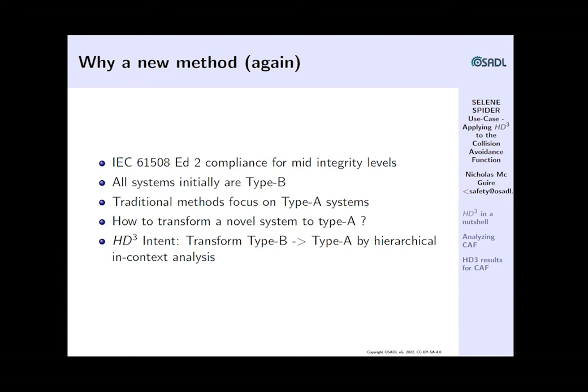If we look at a new system, even if you're using traditional systems, all three of these properties are not satisfied initially, and the safety process is intending to transform this Type B system into a Type A system.